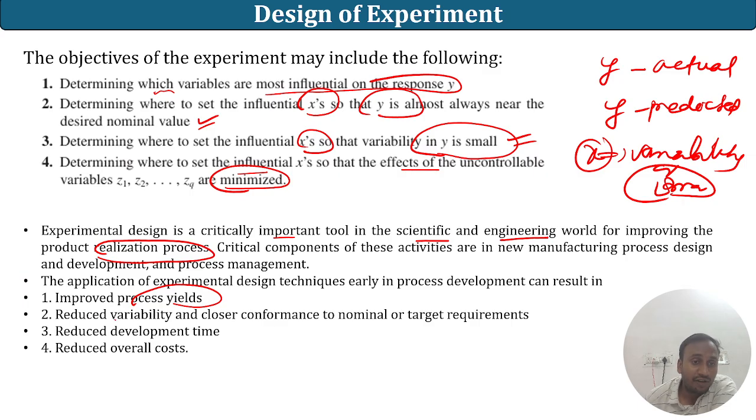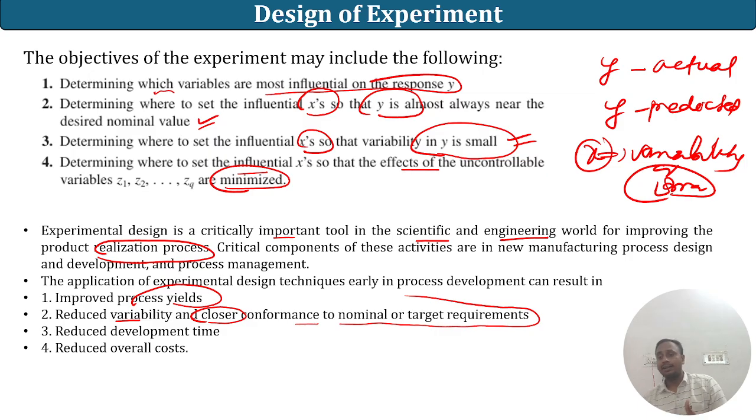Then reduce the variability and get closer conformance to the nominal target requirement. So we reduce the variability, but it should come closer to whatever requirement we have. Reduce the development time, reduce the overall cost. Those are some general objectives.